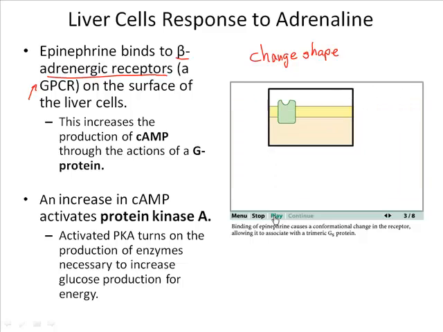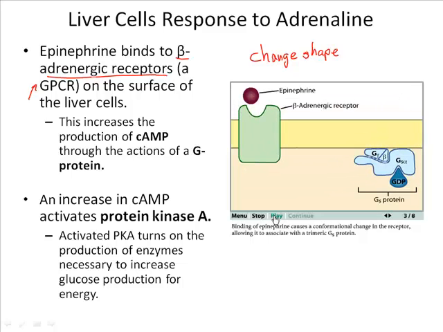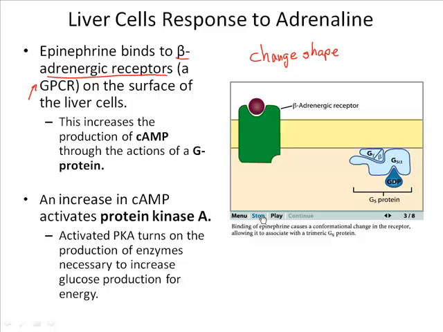Okay? So now once that happens, we can see that the change in receptor shape is ultimately going to activate the G protein. Now tell me, how do we activate this G protein? Before I show you the animation, how is this G protein activated? That's right, it's activated by nucleotide exchange.